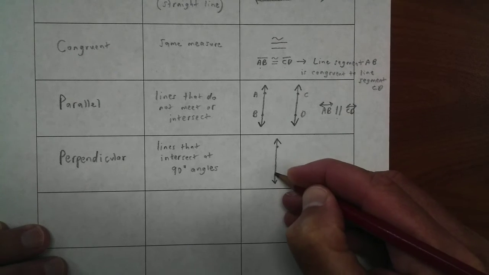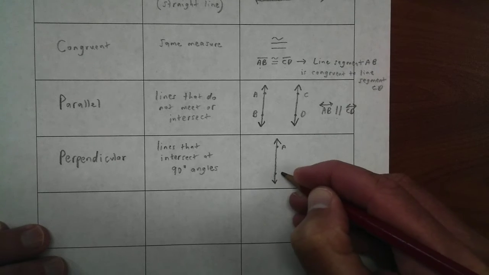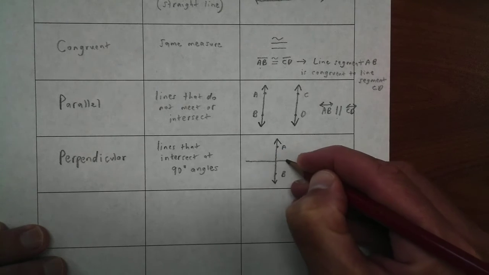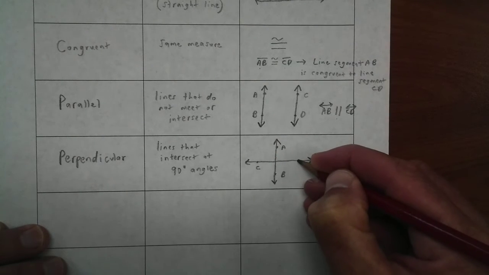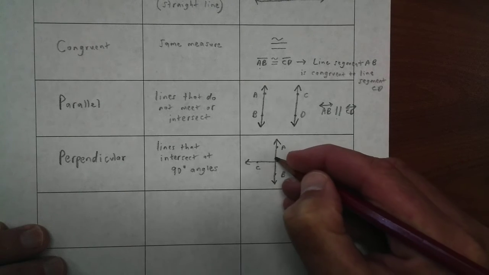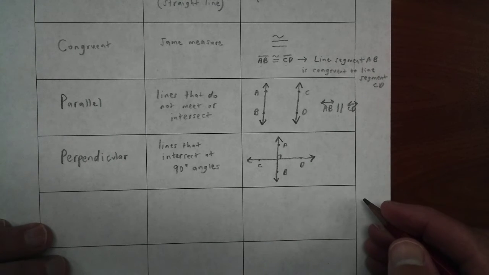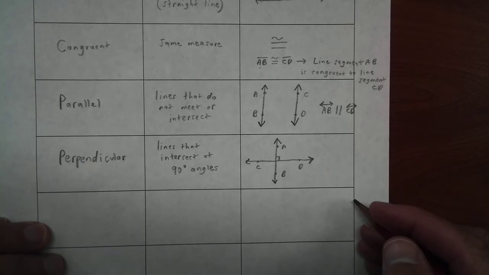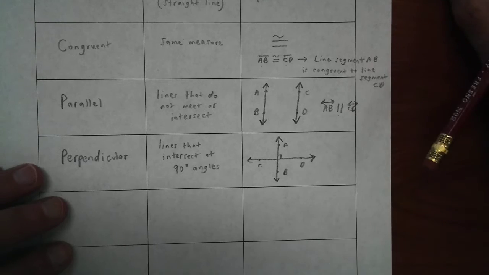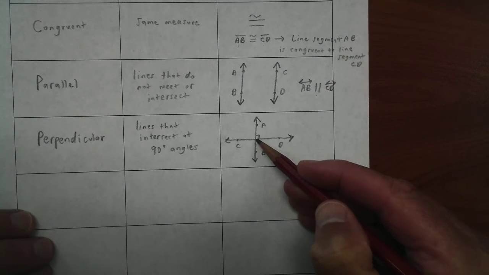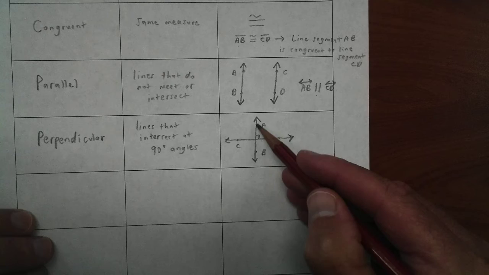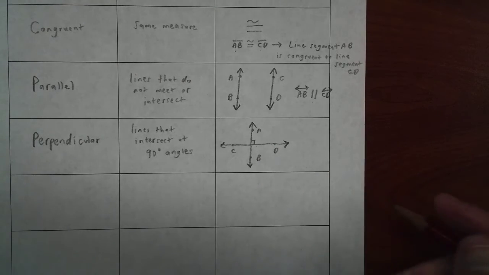So here's AB, and here comes CD, crossing right through it. And it creates a right angle. Okay. You have to see that little box there to show that it's a right angle, just like we looked at when we first talked about what a right angle was. That box there tells you that you have a 90-degree angle created.